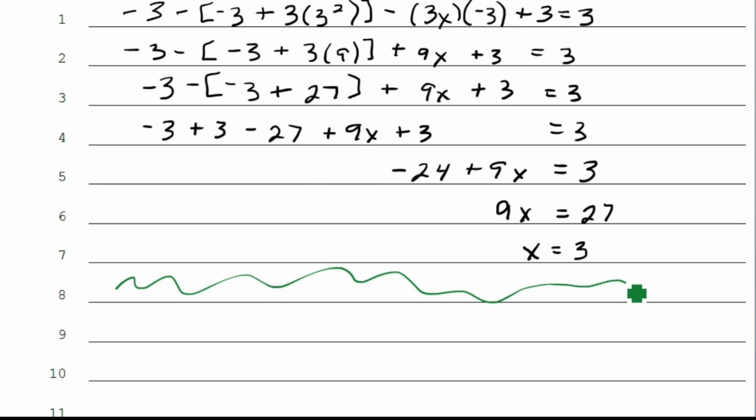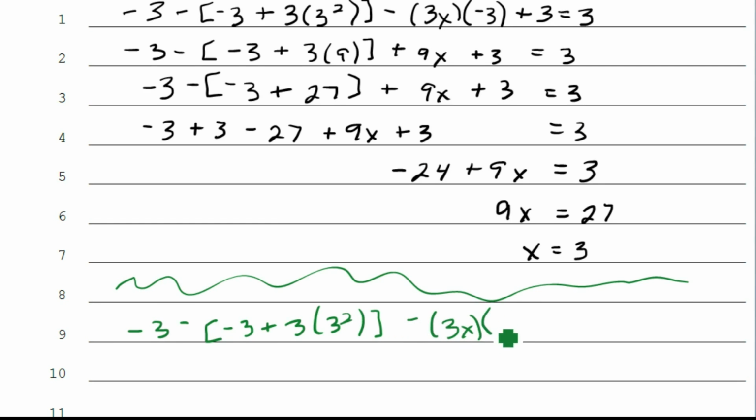And we got to check our answer. What do we start with? Minus 3 minus 3 plus 3 times 3 squared minus 3x times minus 3 plus 3 equals 3.